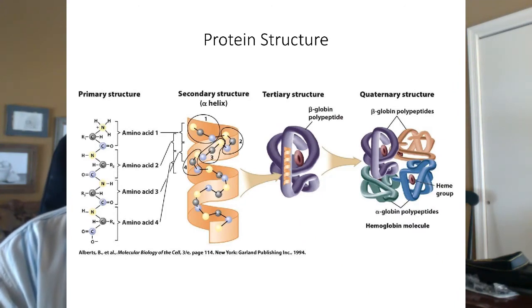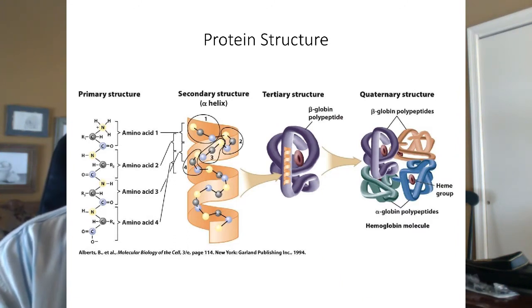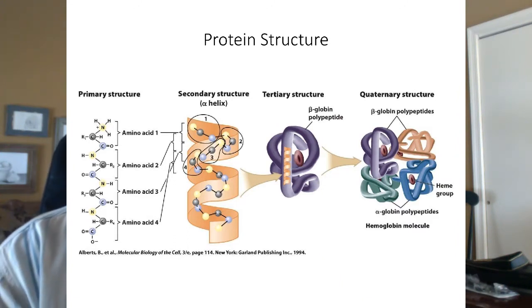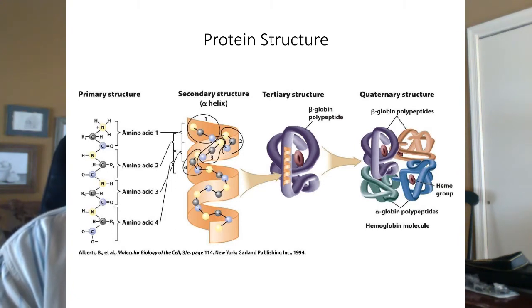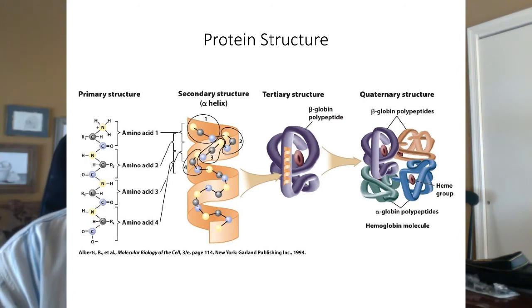In this particular example, we see an alpha helix. Of course, there is not only an alpha helix, there is a beta sheet. So the secondary structure of the molecule can be in helical form or in sheet form. Again, completely dependent on the interaction of the R groups in the primary sequence.